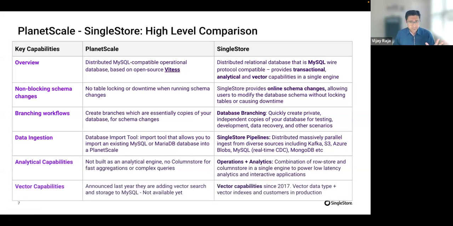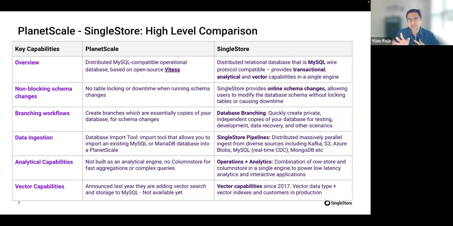Okay. Last but not the least, it's the age of Gen AI, right? Everyone is talking about Gen AI and building Gen AI applications using vector capabilities. PlanetScale announced last year that they are adding vector search and vector storage to MySQL. It is not available yet. Last I checked, it is still in development, still in private preview.